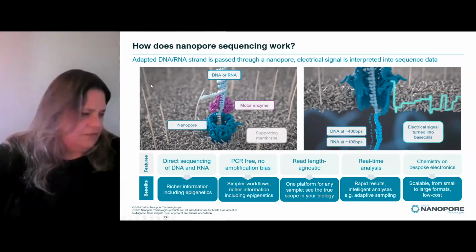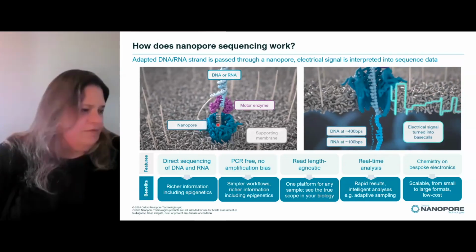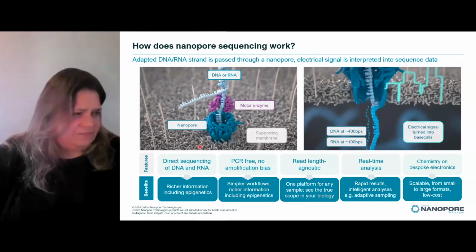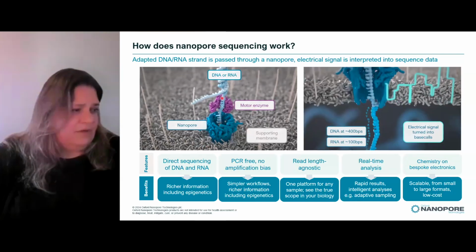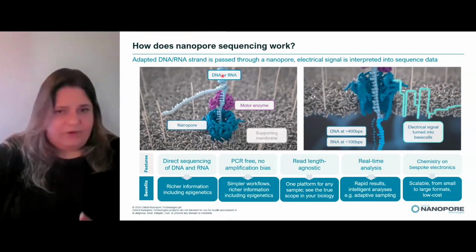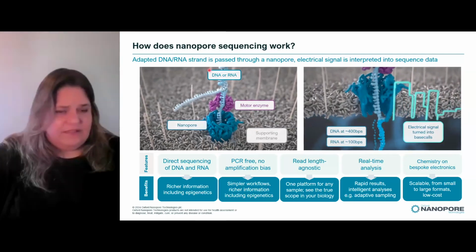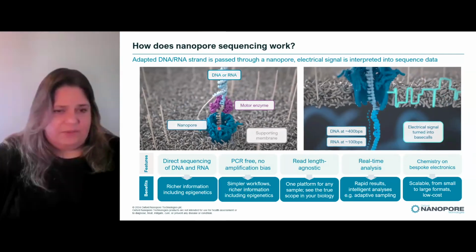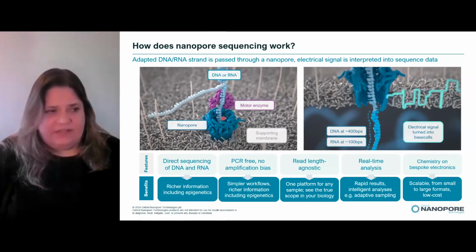I'm going to see if my pointer will work. There we go. We've got a nanopore that's embedded in a membrane. And then we have a motor protein that helps feed whatever your molecule is through the nanopore. So you've got RNA or DNA that's being translocated through the pore. And there's also an ionic current that's flowing from one side to the other.